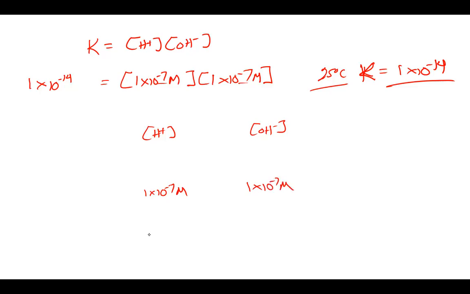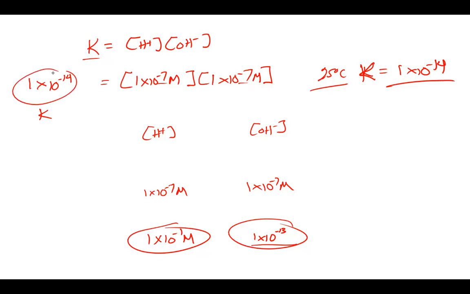So if we increase the hydrogen ion to 1 times 10 to the negative 1 molar, what does the hydroxide ion concentration have to be in order to reach the equilibrium constant K here? Because everything over here has to equal 1 times 10 to the negative 14th. Well, this has to be 1 times 10 to the negative 13th, so that when I multiply this times this, I will get 1 times 10 to the negative 14th.